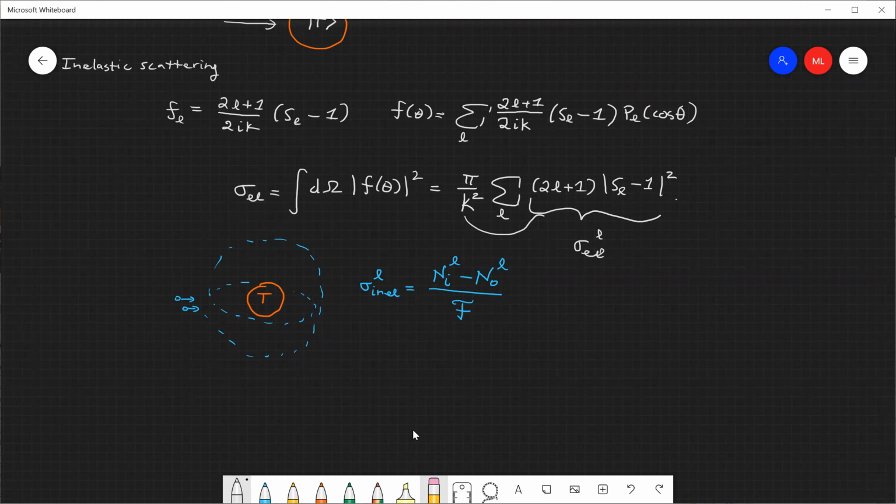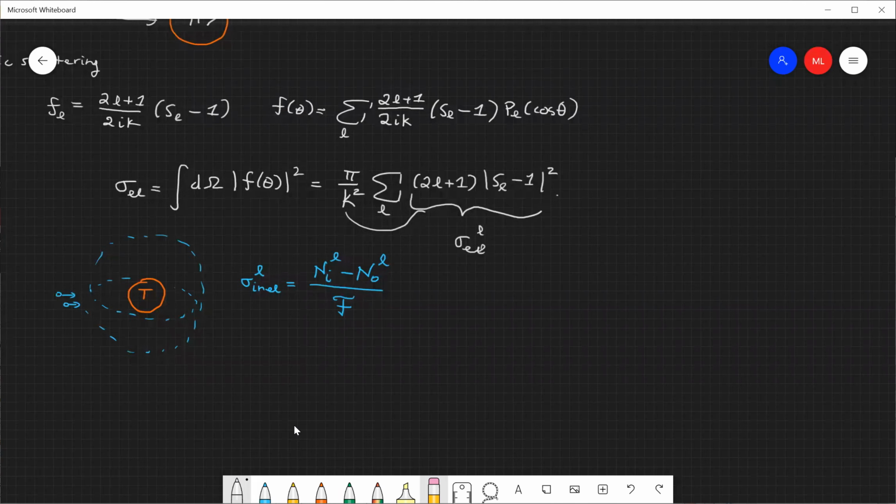So what is the number of particles that come in? We know we send in a plane wave. The incoming particles come in as a plane wave with some amplitude, say, along the z direction. The number of particles that come in, the partial wave contribution, just has to come from the partial wave expansion of the exponential, which we already looked at.